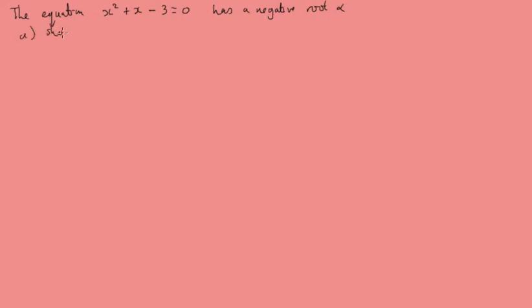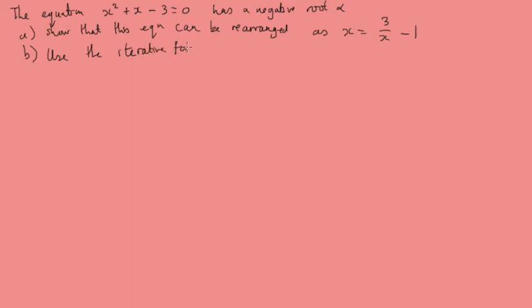So firstly, show that this equation can be rearranged as x equals 3 over x minus 1, and then use the iterative formula x_(n+1) equals 3 over x_n minus 1, with a starting value of x1 equals minus 2.5.